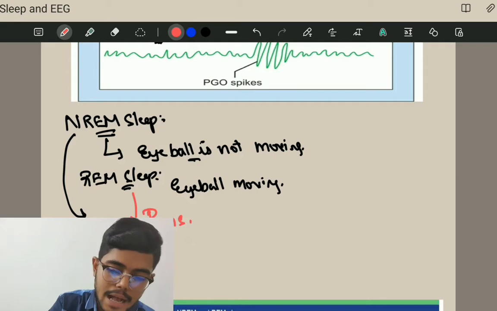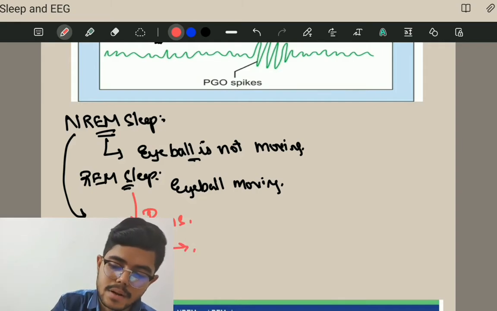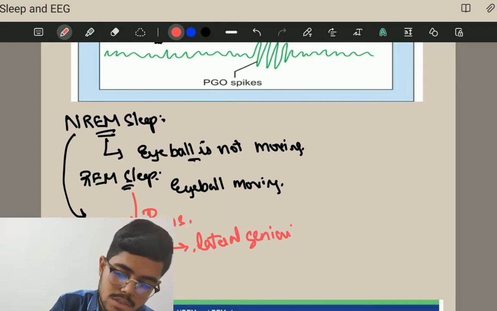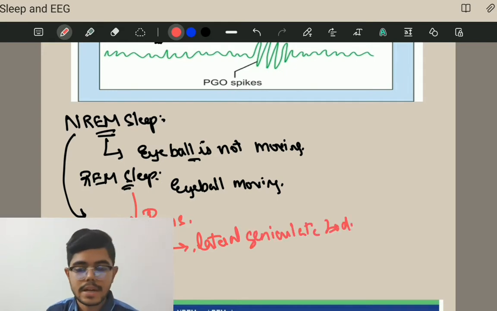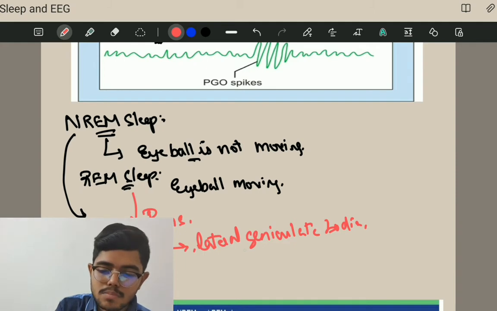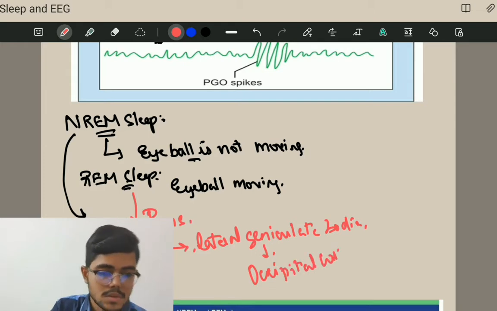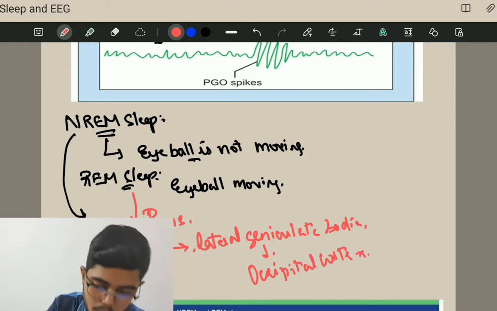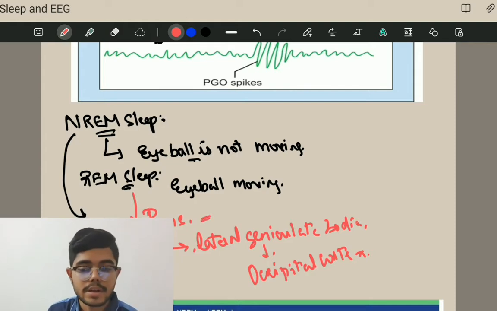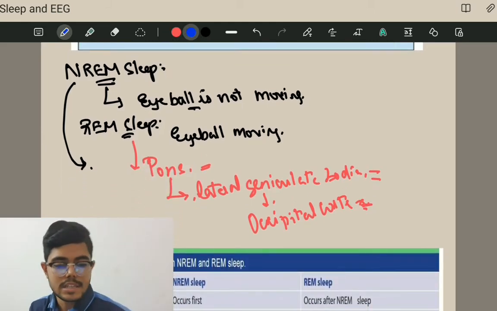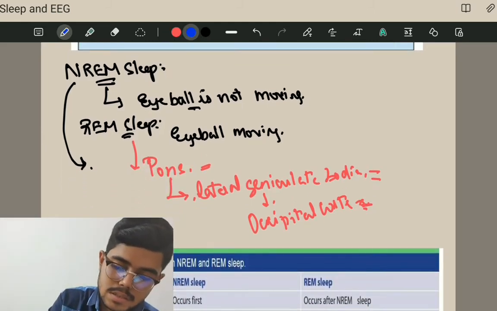In the pons we have a body called the lateral geniculate body, and then it moves to the occipital cortex. So it mainly originates from the pons, then moves to the lateral geniculate body and then to the occipital cortex.